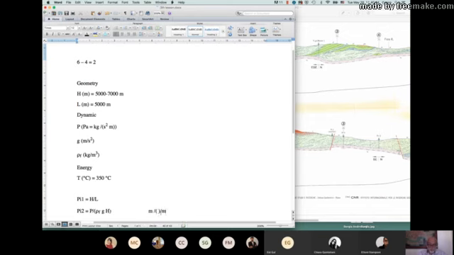I put a meter here, and so this meter cancels with this. So we finally get a parameter that is dimensionless. And we have a pressure against the density of the fluid, the acceleration of gravity, and the vertical dimensions of our system.